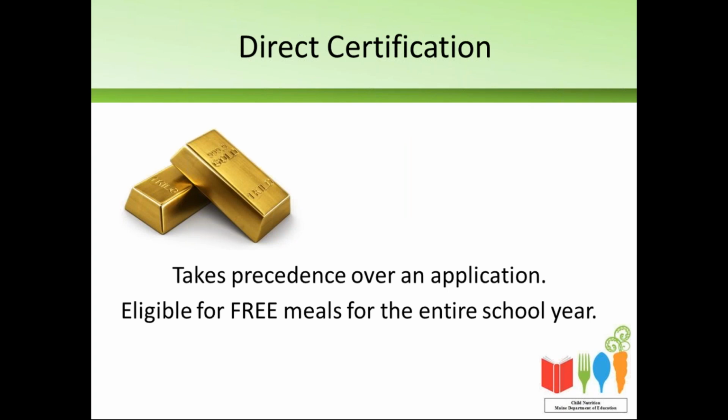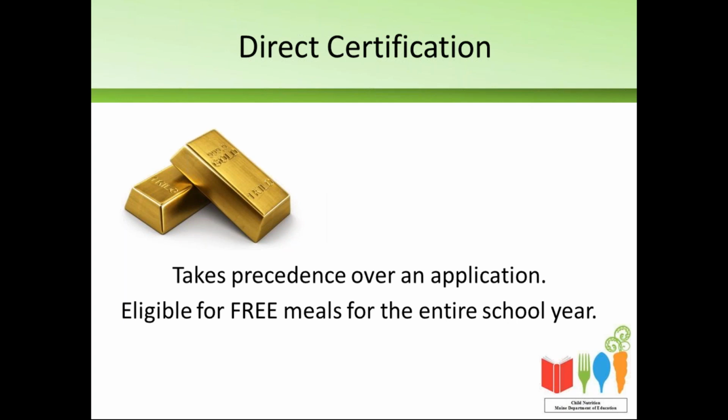Direct certification takes precedence over an application. It's eligible for free meals for the entire school year. If a family, for whatever reason, decides they do not want the benefit, they need to give you that denial of benefit in writing.